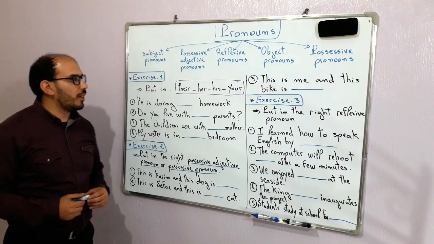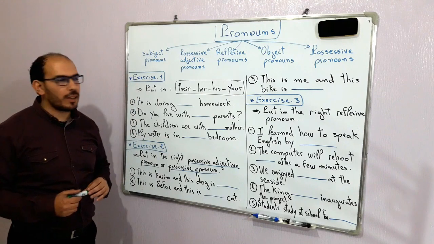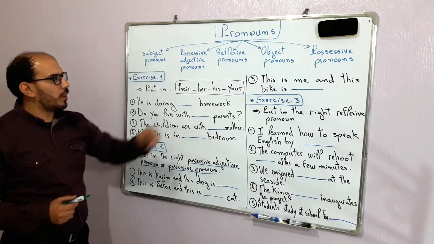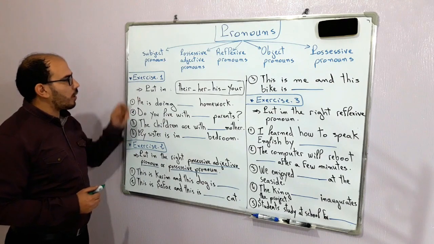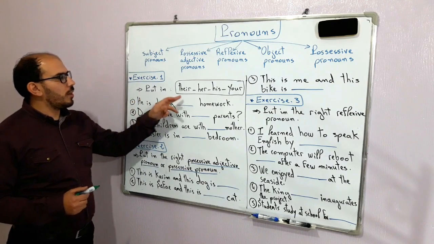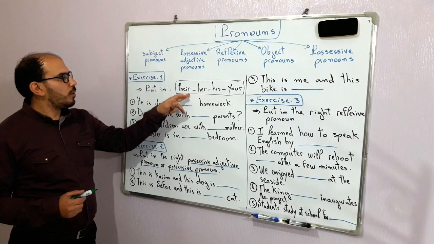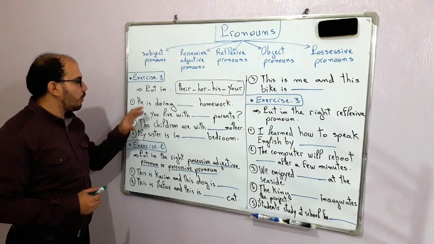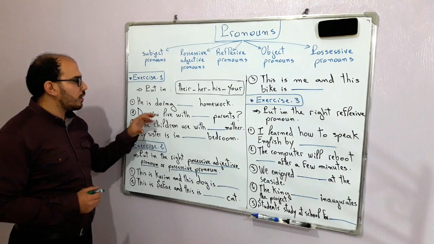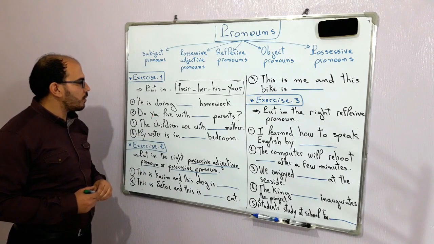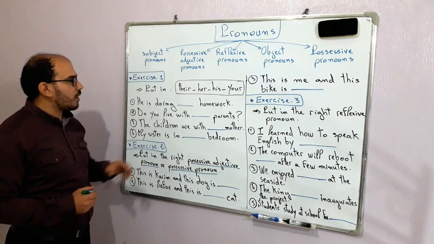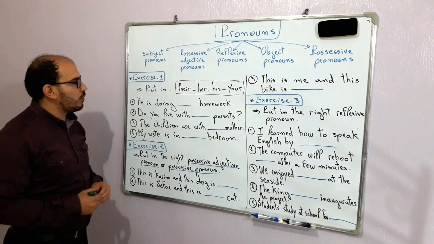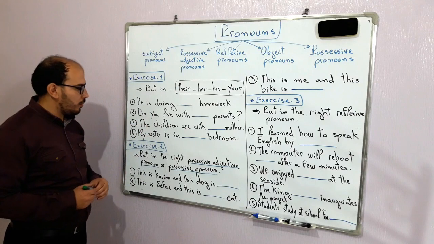Right. So for the exercises, we have 3 exercises: exercise number 1, number 2, and then number 3. For exercise number 1, we have to put in these pronouns: them, her, his, and your. We have 4 sentences and 4 pronouns, so we have to fill in the blanks with the right pronouns.